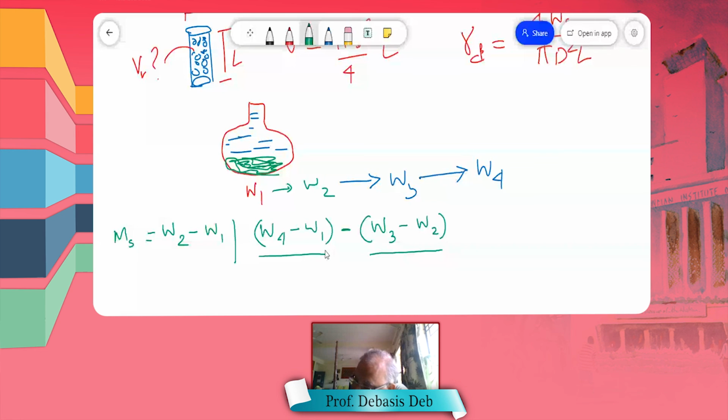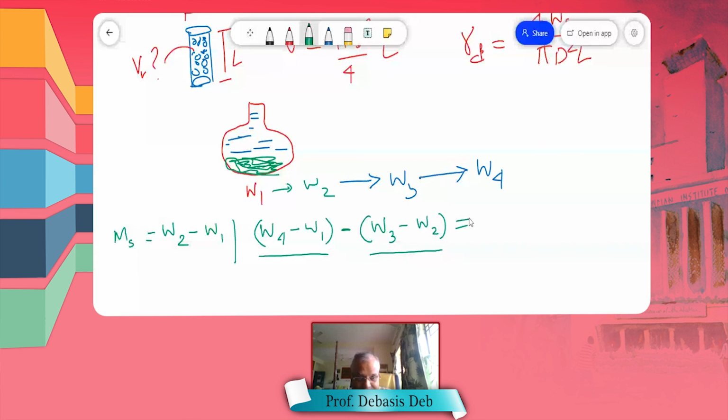So when I subtract this, what do I get? This is the weight of water occupied by the volume of that solid.